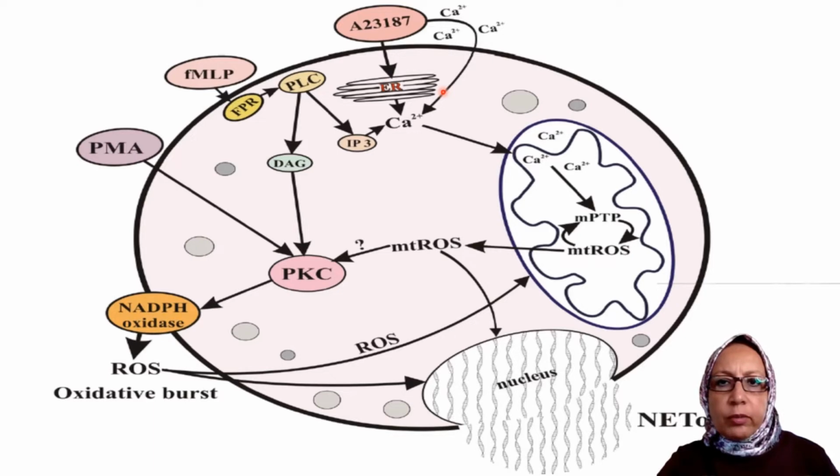These are specialized plasma membrane calcium channels which will be activated when there is low calcium inside the endoplasmic reticulum. This channel will be activated, opening and resulting in entrance of calcium from the extracellular space to inside the cells.